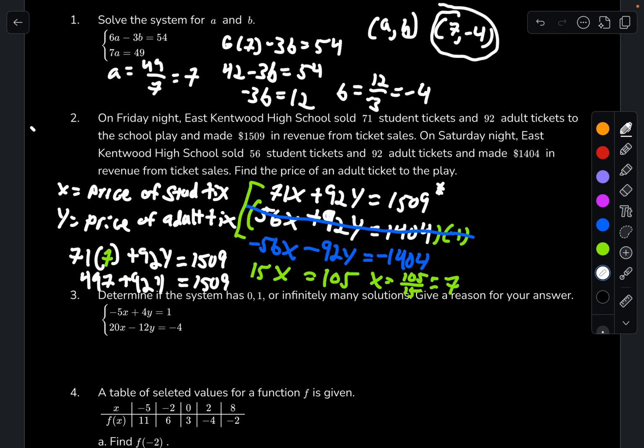So we're going to subtract 497 from 1509. And we get 1012. So over here, we got 92y equals 1012. Divide by 92. And we got 11.